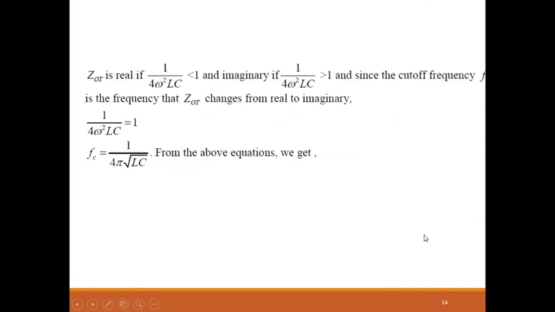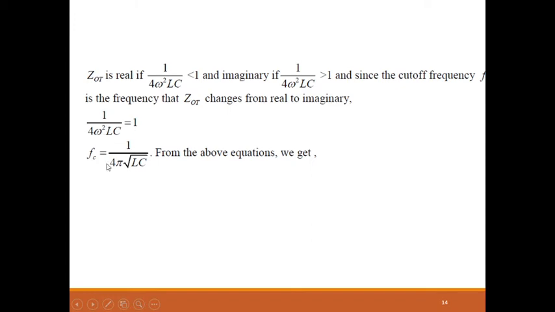Similarly, if 1 divided by 4 omega squared LC is less than 1, it is the real part of the equivalent impedance. If the value is greater than 1, it is the imaginary part. Since the cutoff frequency is where it changes from real to imaginary, we consider 1 divided by 4 omega squared LC equal to 1.